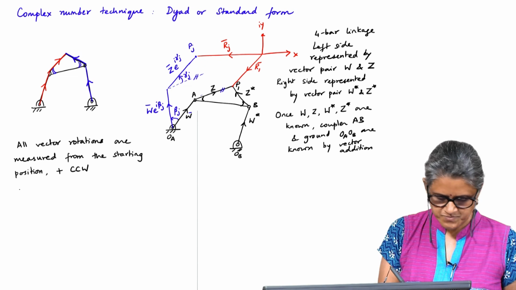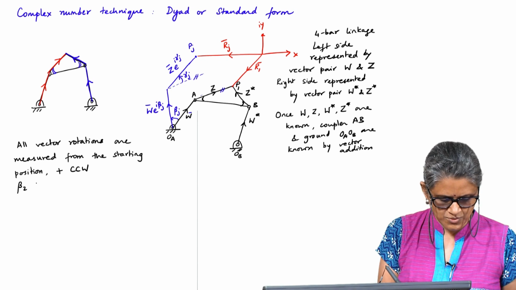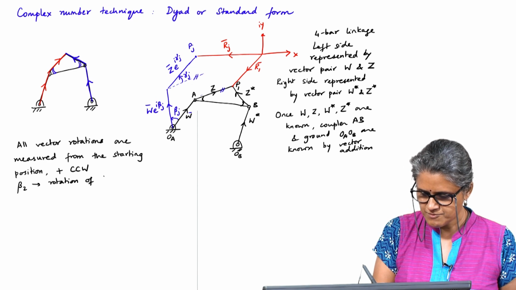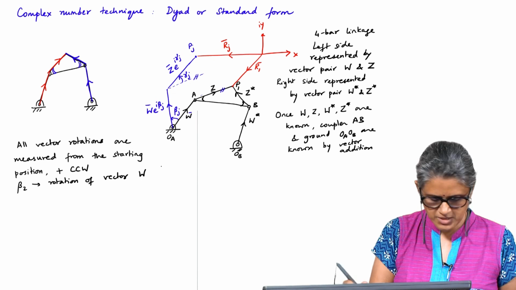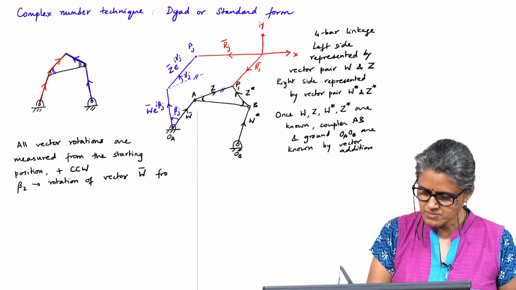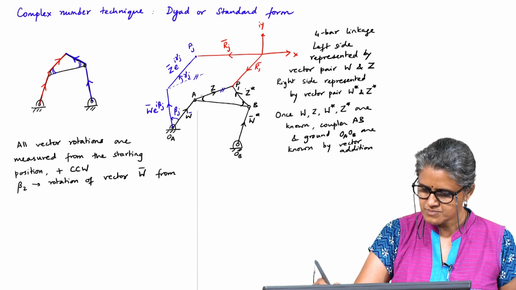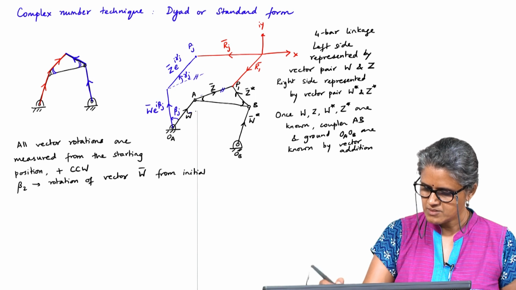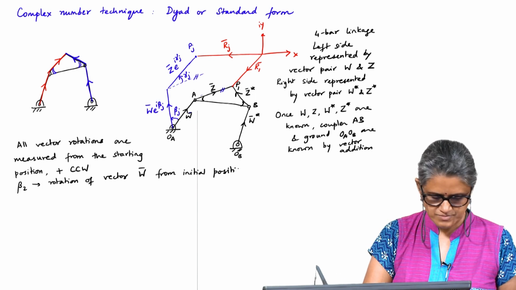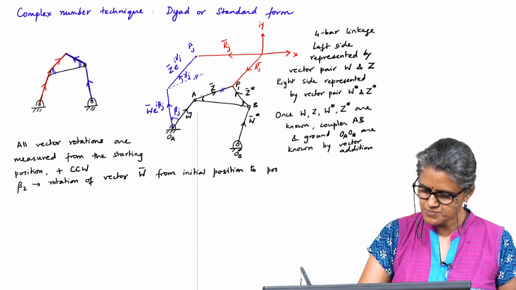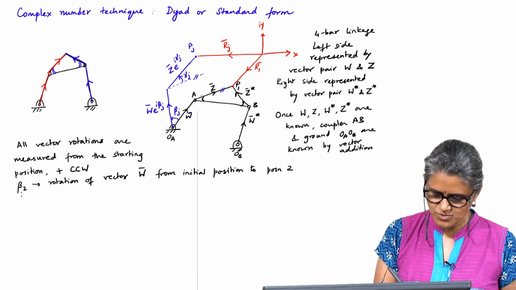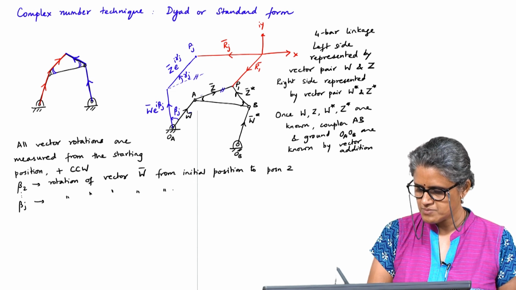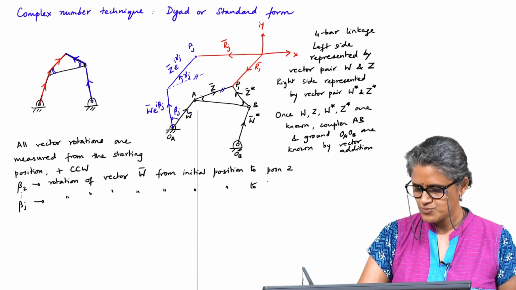So, here for instance beta 2 is the rotation of vector W from initial position to position 2, and so on. Beta j is rotation of vector W from initial position to position j.